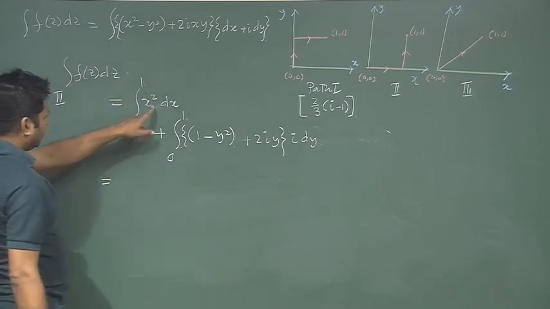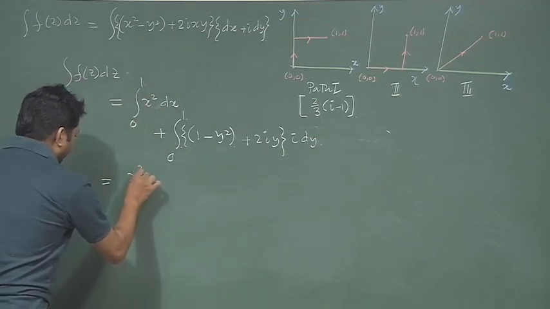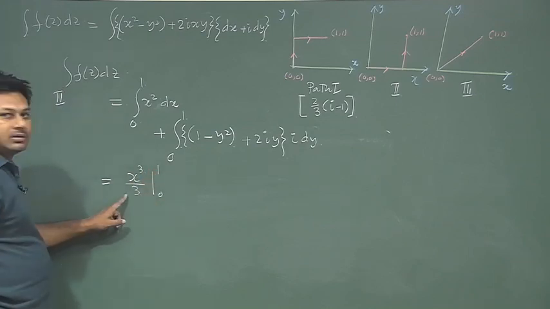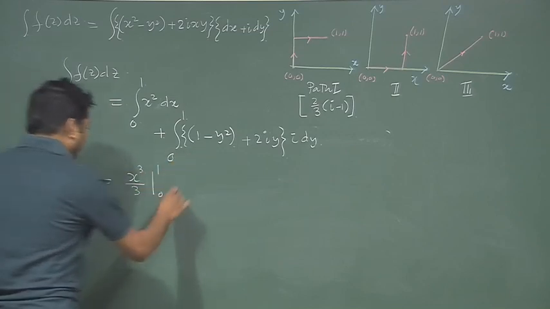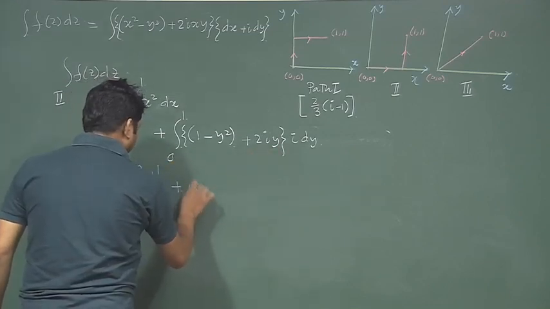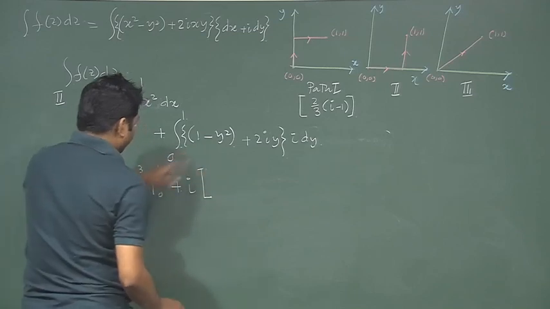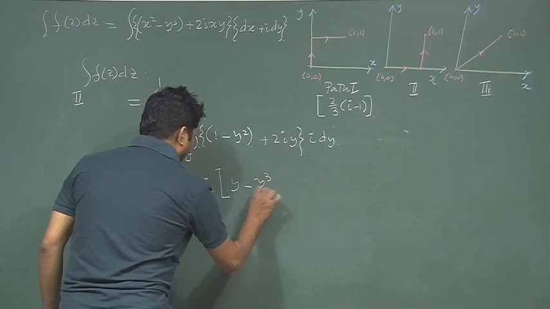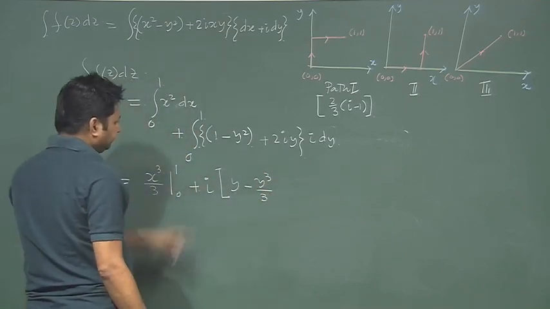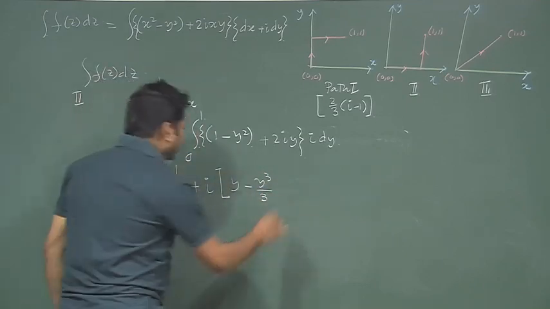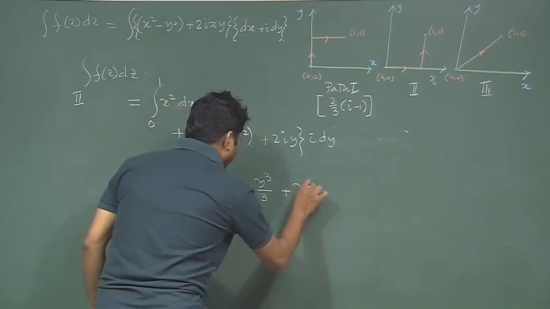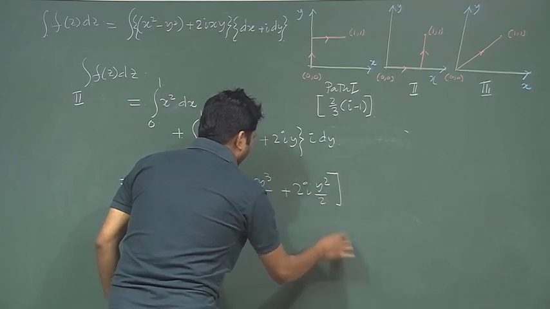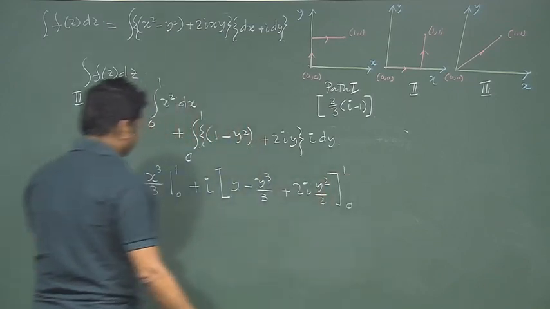If I evaluate the first part, it is x cube divided by 3, 0 to 1. The next part, term by term. I take i outside. So, it is the integral of y minus y cube by 3, plus 2i times y square by 2, with the limit 0 to 1.